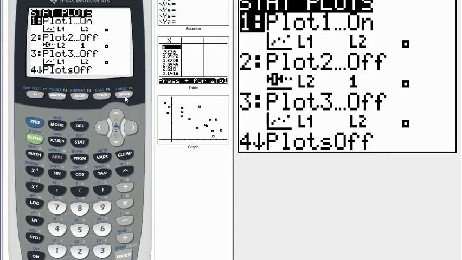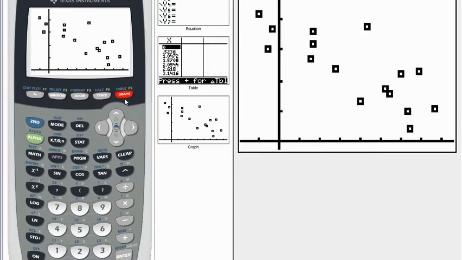I'm just going to do that quickly to see if the conditions for inference are met. And I do see that it looks linear, decreasing from my scatter plot. So that is good. That's meeting the L condition of linear.